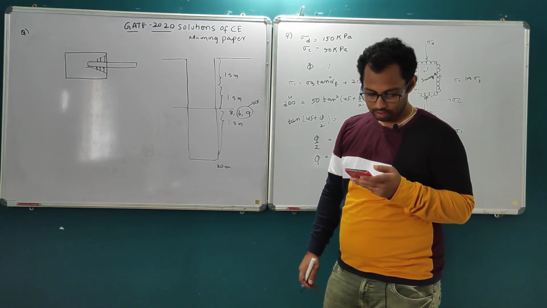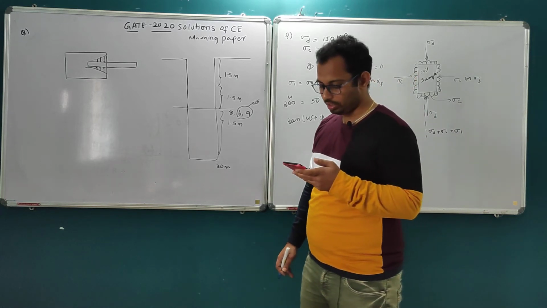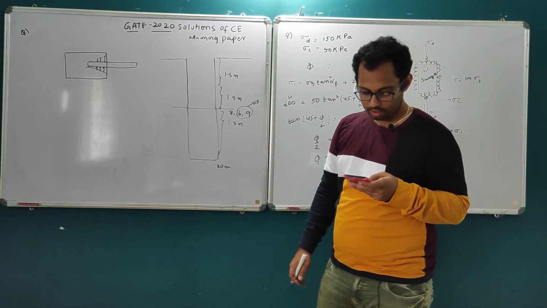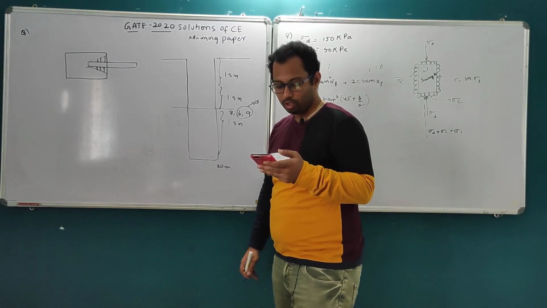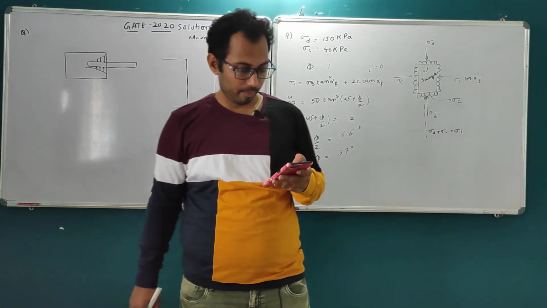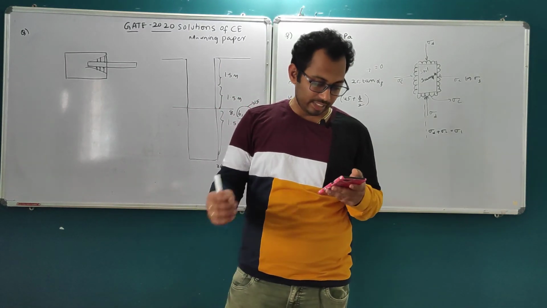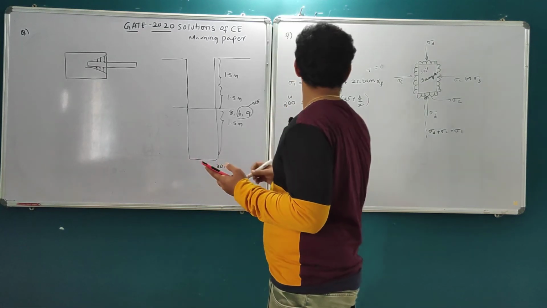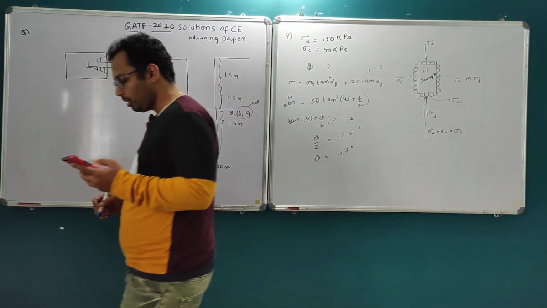Next, again a theoretical question. So let us discuss the theoretical question. During the chlorination process, chlorine reacts rapidly with water and forms generally 3 components.